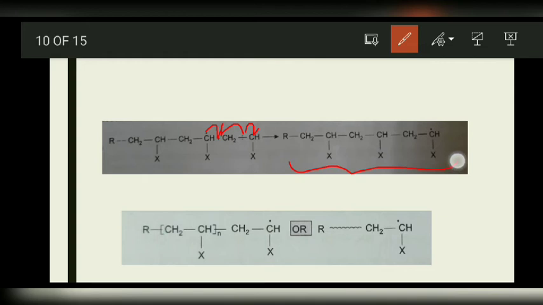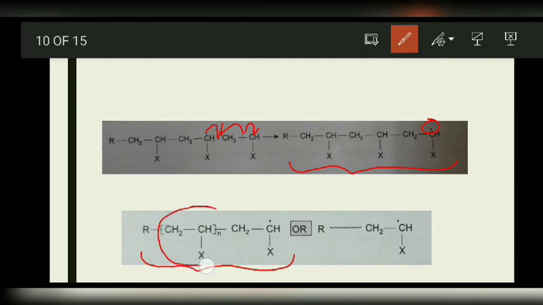So you will get a structure like this. So this also contains the radical site, so it can attack another monomer molecule. Likewise, it continues. So this process of successive addition of monomer molecules to the growing chain one after another is called propagation, and that growing chain is represented by this structure.